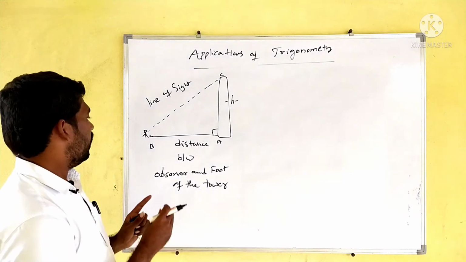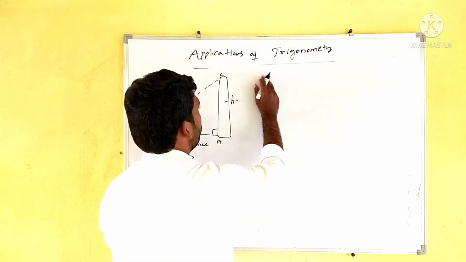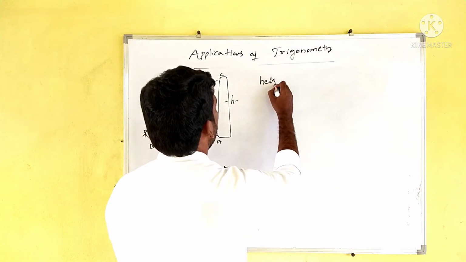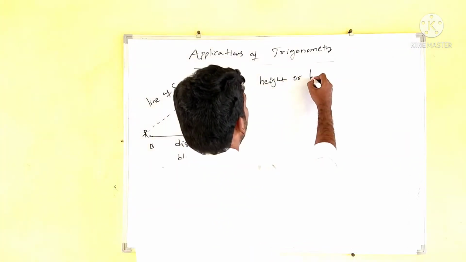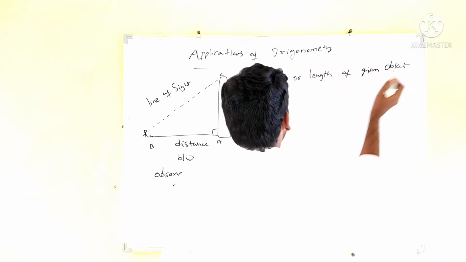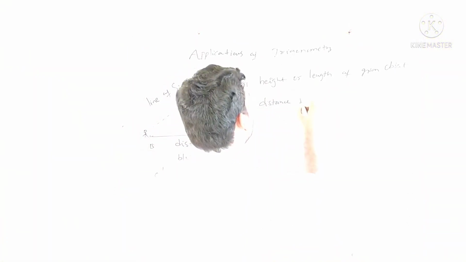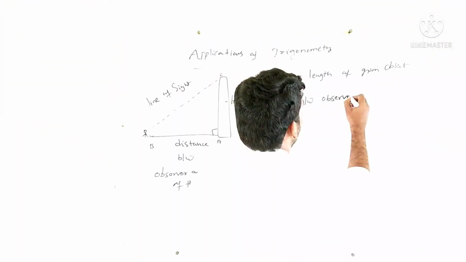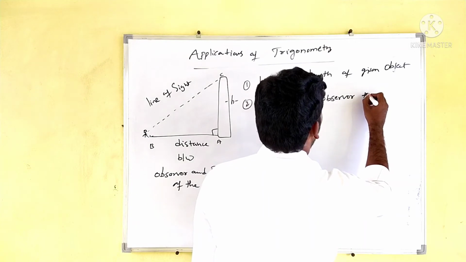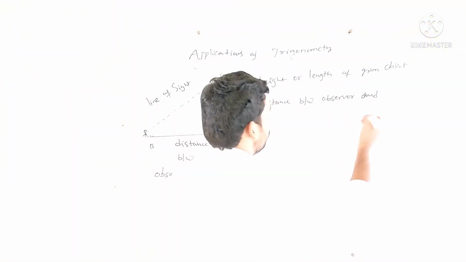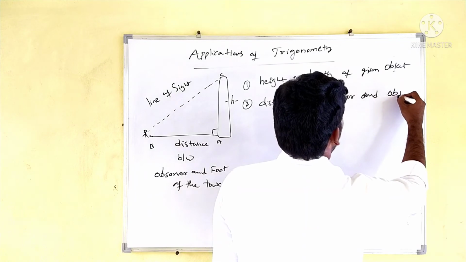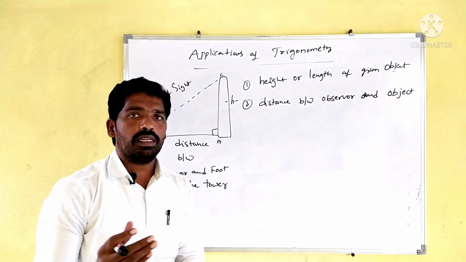Mainly, in this chapter we find the height or length of a given object, and the distance between the observer and the object. Here, which objects are given?